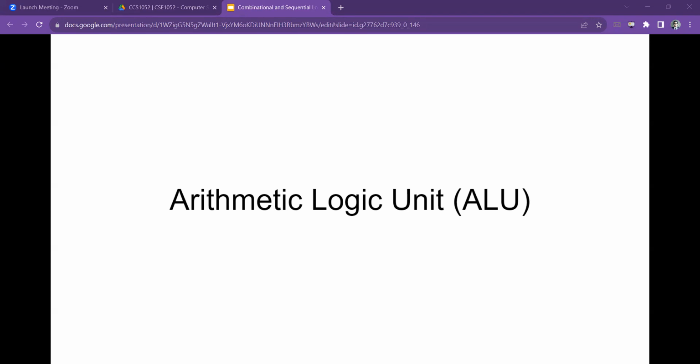According to these inputs, there are control lines. According to those, it will give the relevant output that we are requesting from the ALU. So it will select exactly one output from our given ALU.